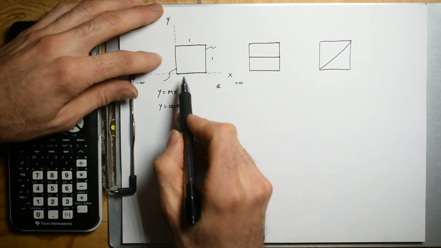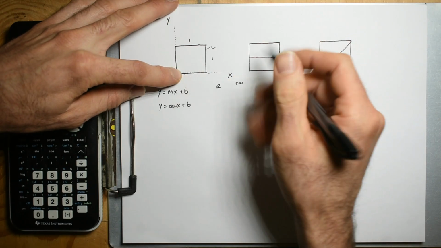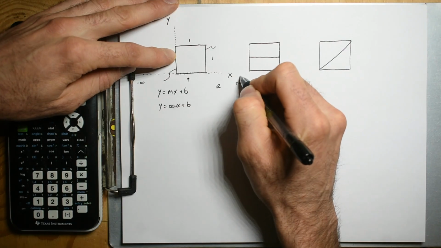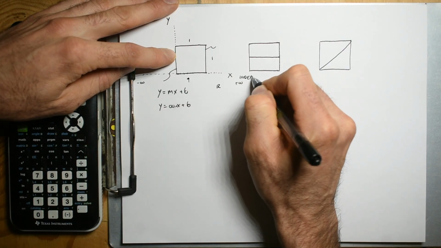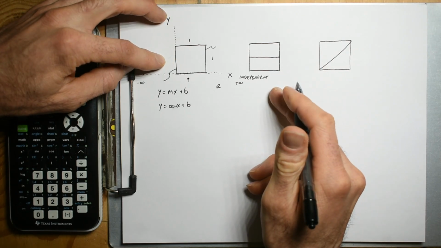When we choose one of these numbers into an equation or our function, this is going to be our input, and this is the independent variable. Then we get some sort of output.